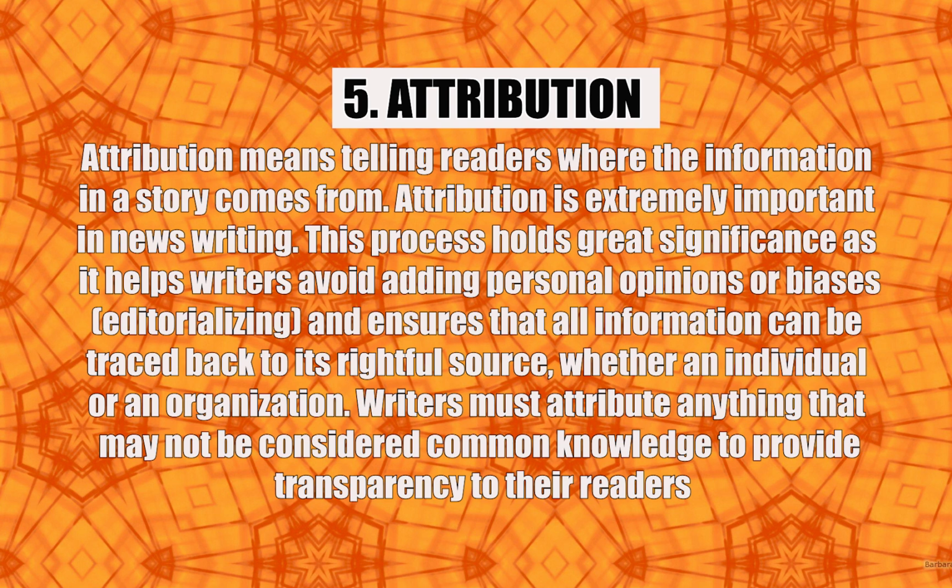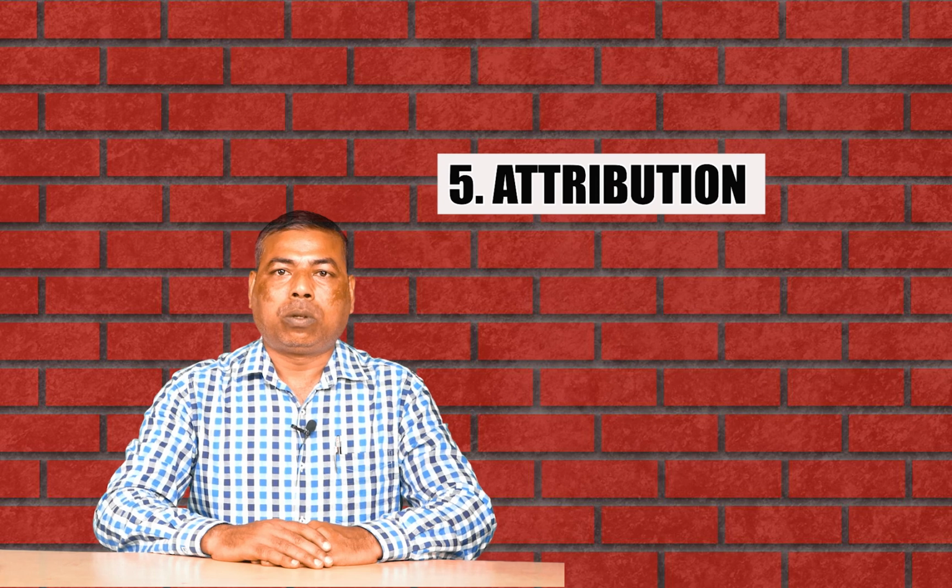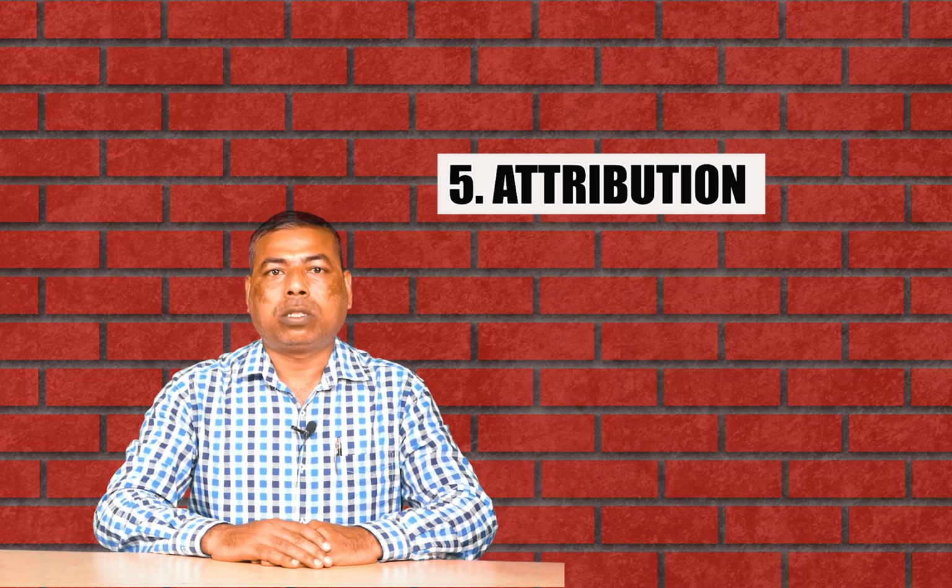Writers must attribute anything that may not be considered common knowledge to provide transparency to their readers. Throughout the news story, journalists ensure transparency by attributing facts, quotes, and statements to specific individuals, organizations, or credible reports.